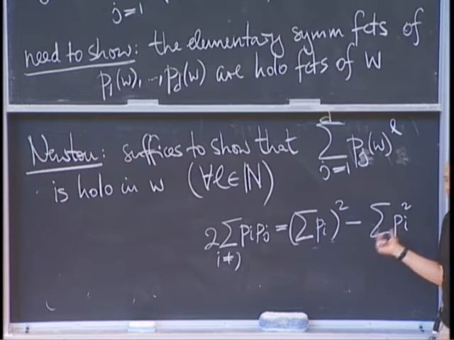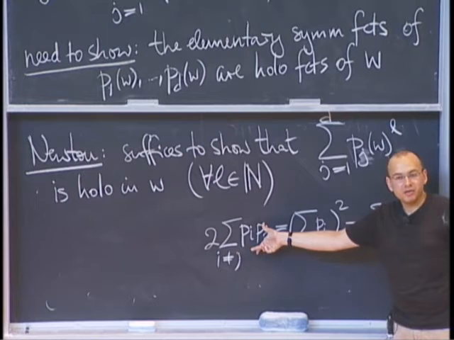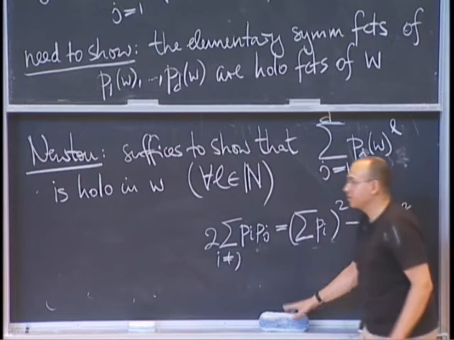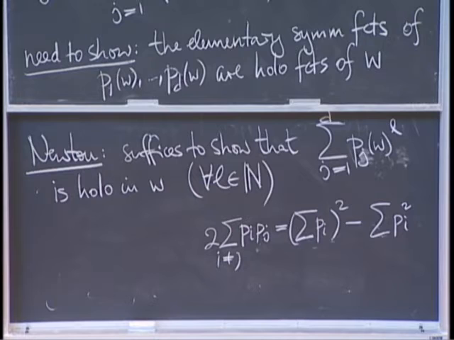And Newton tells us that that actually works for arbitrary elementary symmetric functions. I can always reduce them to power sums in this way. So it suffices to consider expressions of this form, and these are actually much nicer. So this is something that we can control using analysis.